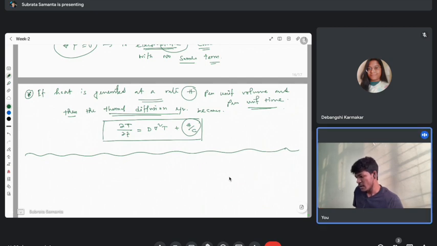Okay, so similarly if we go into the particle case.